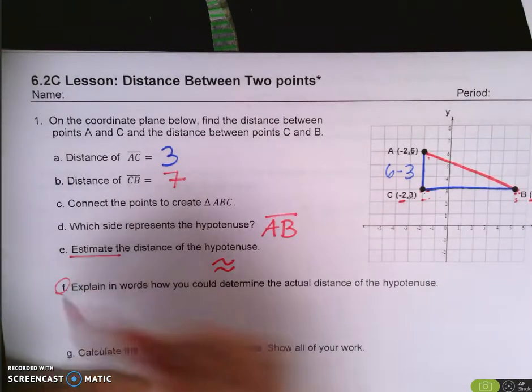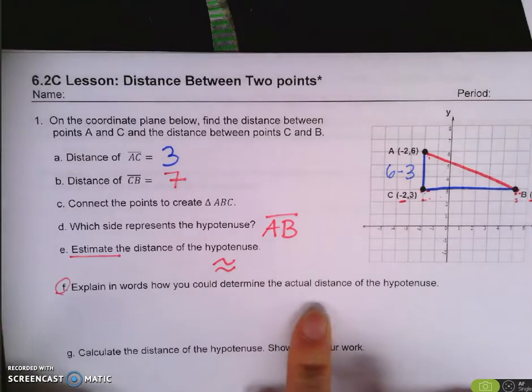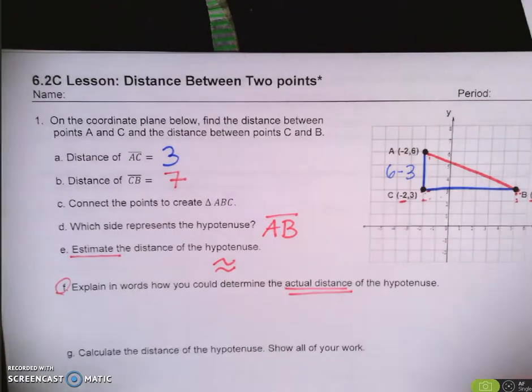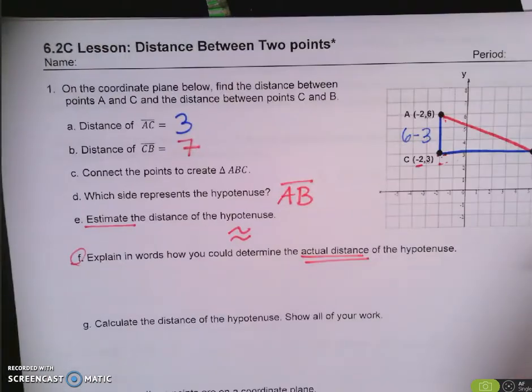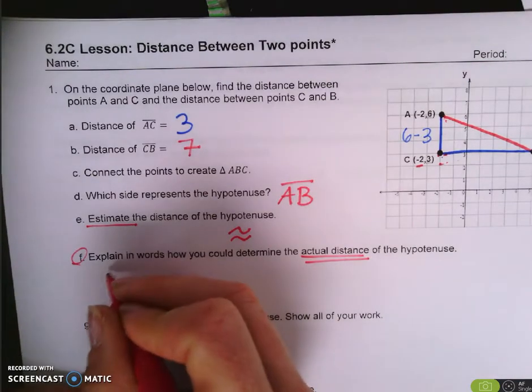So now I want you to think about how can you determine the actual distance? Well, what type of shape did we make? We made a right triangle.